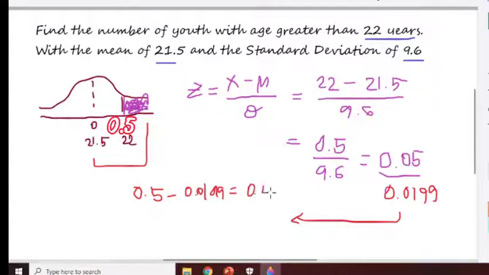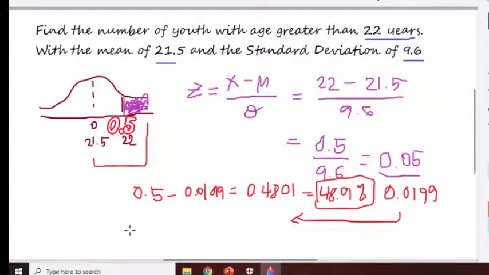So that your answer is 0.48. Merong iba't ibang version. Try natin yung version ng aking notes. So ito, ang lumabas ay 48.01%. So, ito yung lumabas sa libro, sa librong hawak ko.